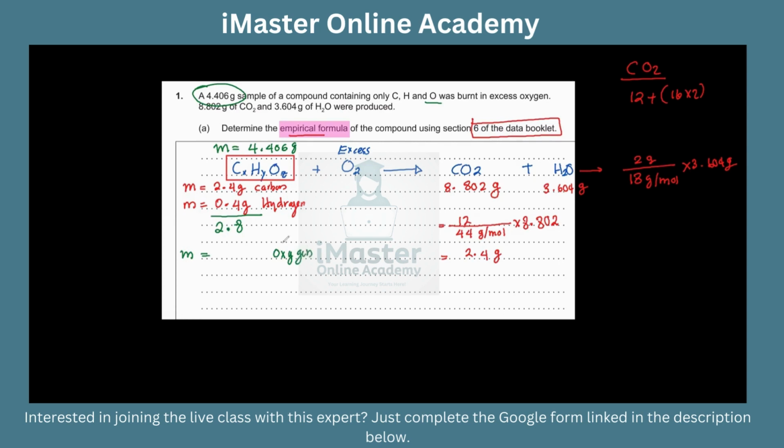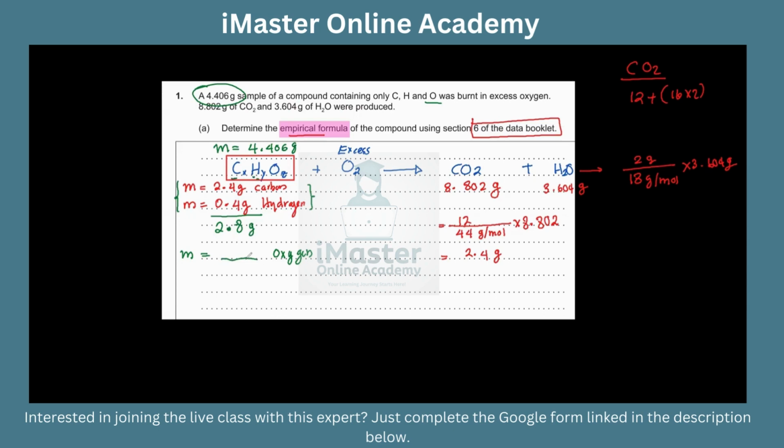12 times 2.4 plus 3.60. Oh no, to do that we have not found the amount yet. We only have the masses. So 2.8 gram is the mass of carbon and hydrogen. Total mass is 4.406.